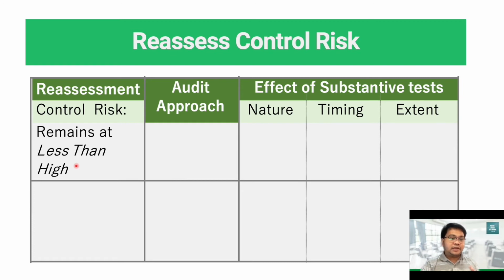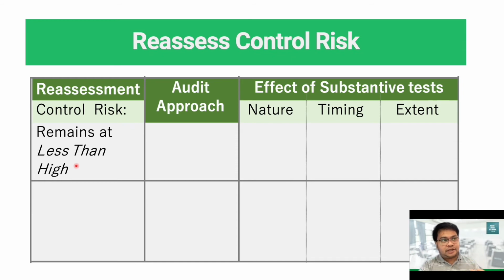So for example, in credit approval, in my example earlier, let's say that we validated a number of documents of the client to check whether the credit approval process is being carried out. Let's say that when we performed test of control on a number of the client's documents, such as approved sales orders, we found that the controls are being carried out.